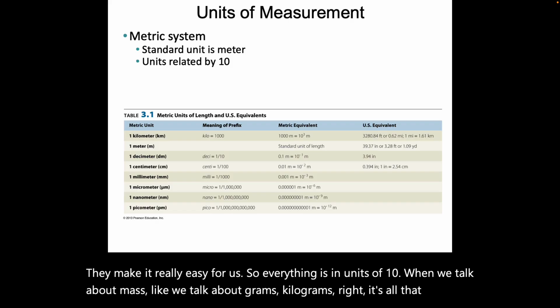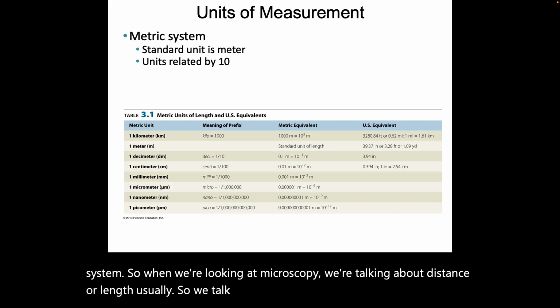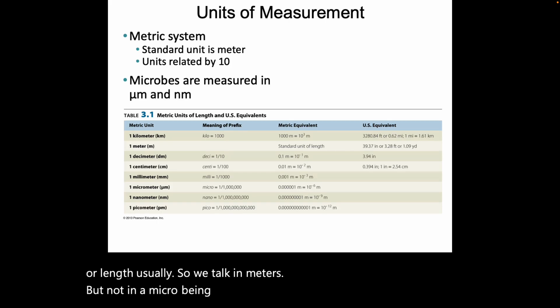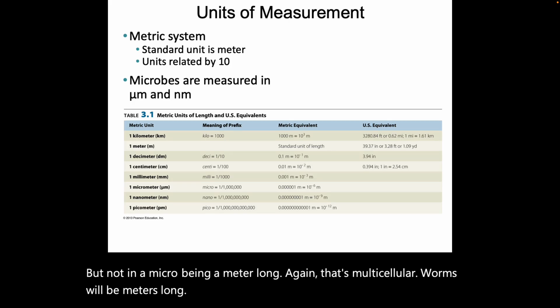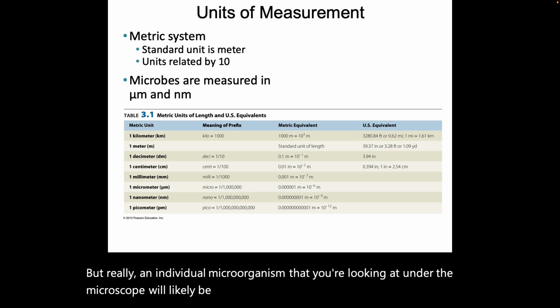So when we're looking at microscopy, we're talking about distance or length usually. So we talk in meters, but not in a microbe being a meter long. Again, it's multicellular worms that will be meters long. But really, an individual microorganism that you're looking at under the microscope will likely be on the micro or nanometer scale.